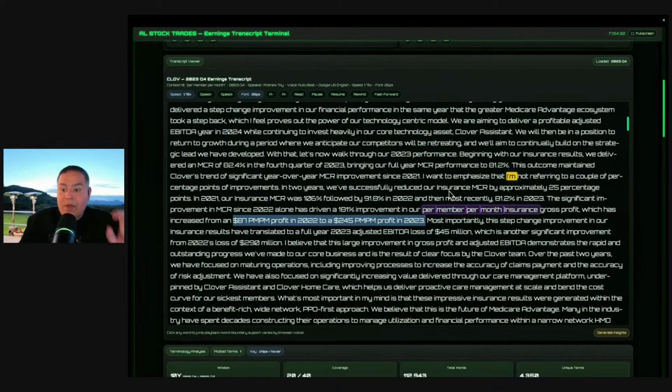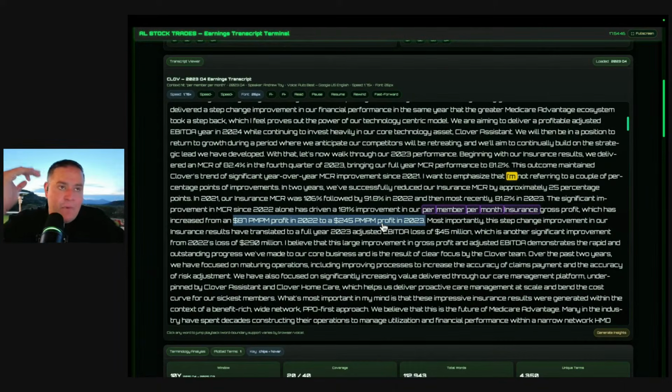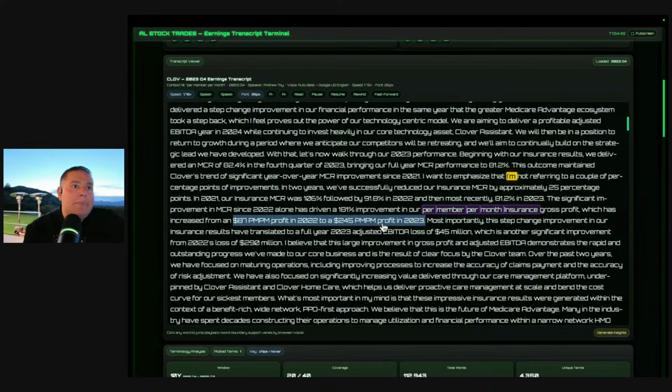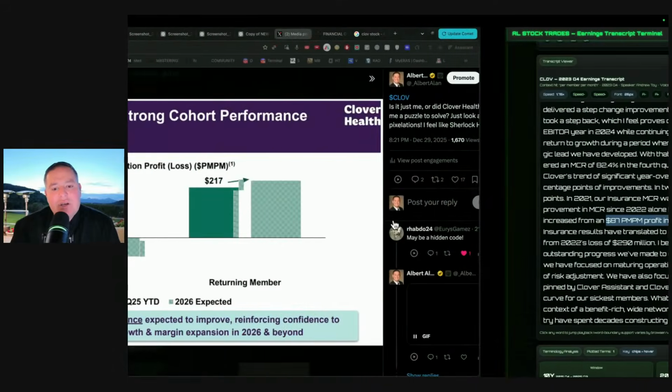All right. So now what you're seeing here is $87 per member per month for new members and $245 per member per month in 2023. So that's what they're going to be gunning for. The question is, how much do they need for that profitability? Their expectation is this much.